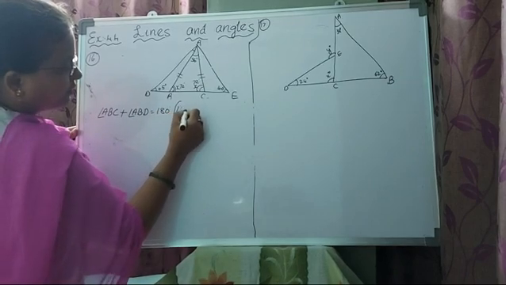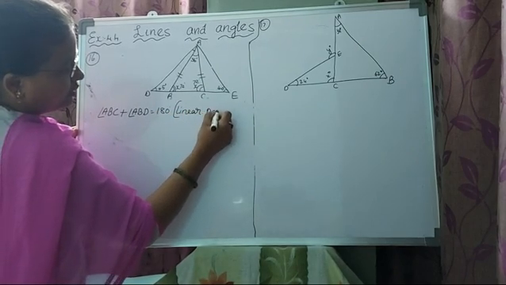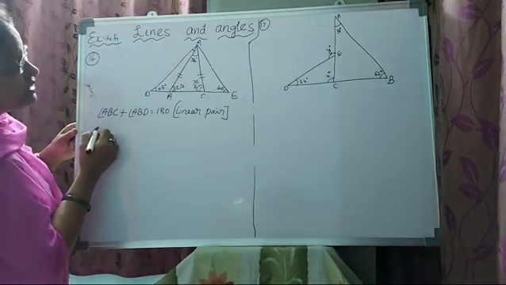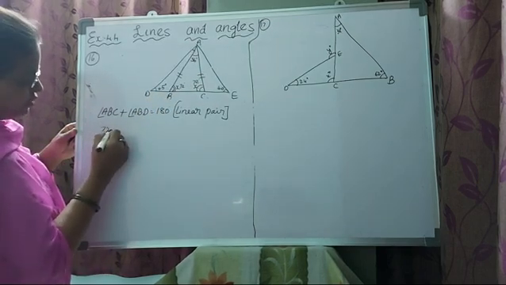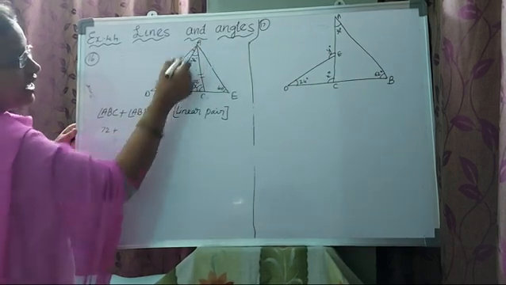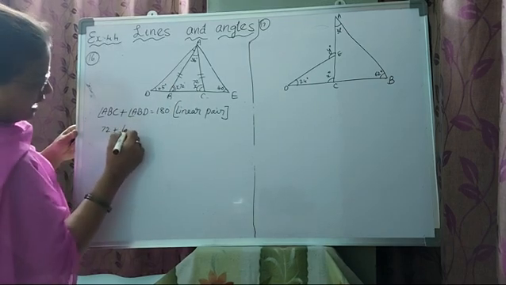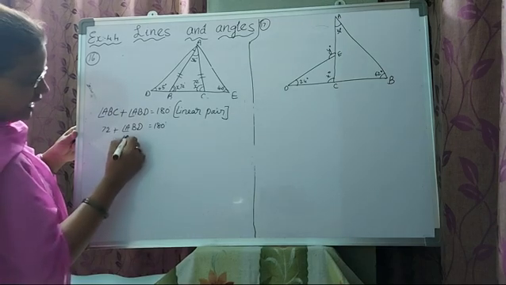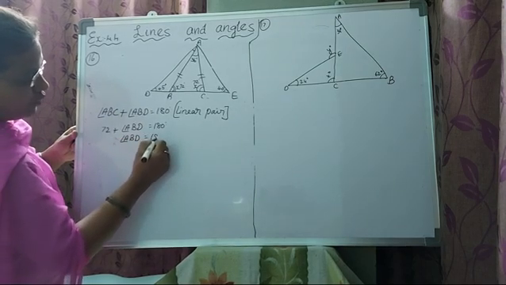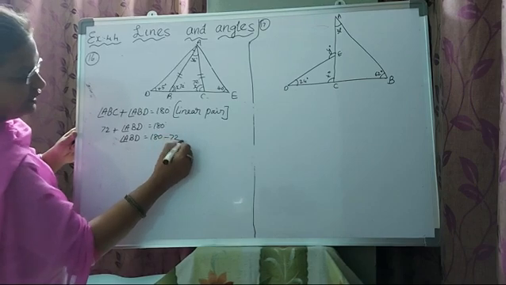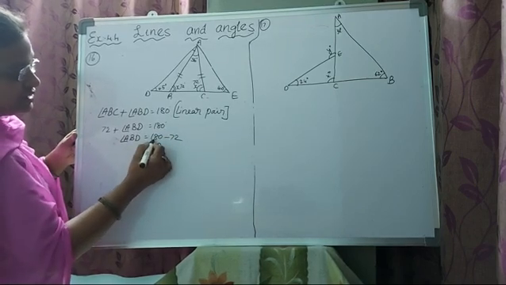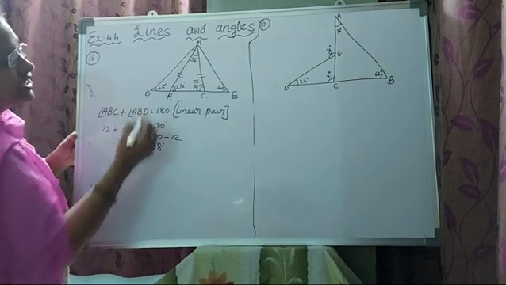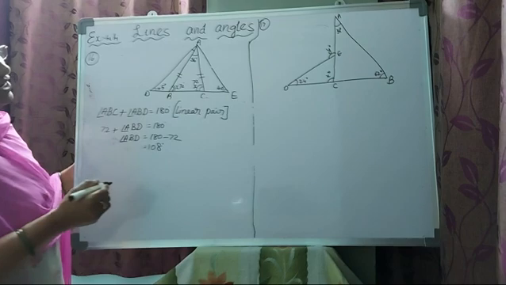Linear pair. Angle ABC is 72, plus ABD, which we don't know, is equal to 180 degrees. So angle ABD is equal to 180 minus 72. 10 minus 2 is 8. 7 minus 7 is 0. Here 1. So 108 degrees. If this is 108, this one is also 108.